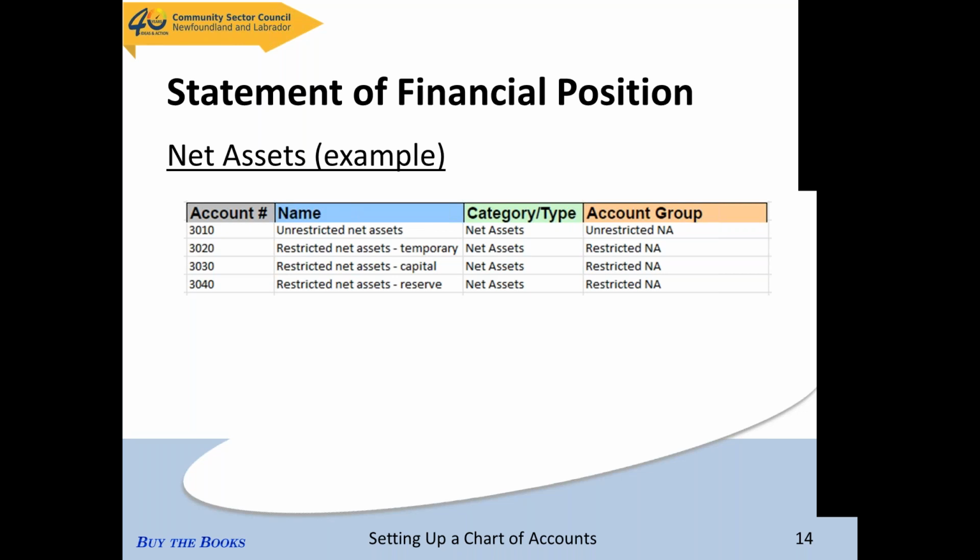Also useful to note that if your organization uses fund accounting, then you would have your different funds assigned here. Again, with the same account number sequence, so still in the 3,000 range, but these would be called funds as opposed to restricted or unrestricted net assets.